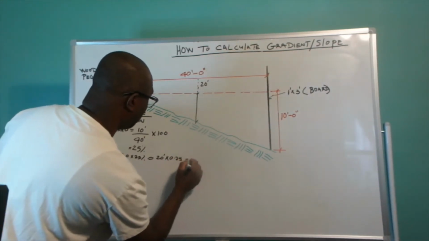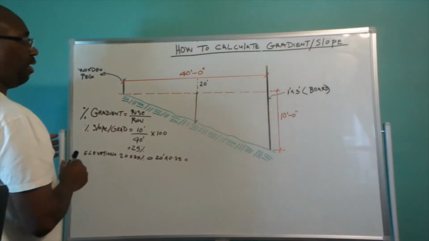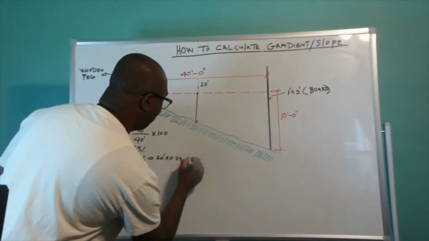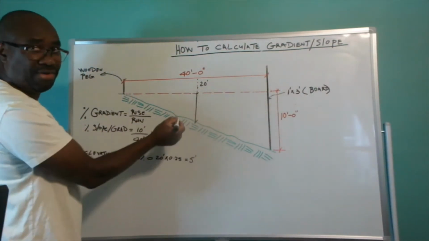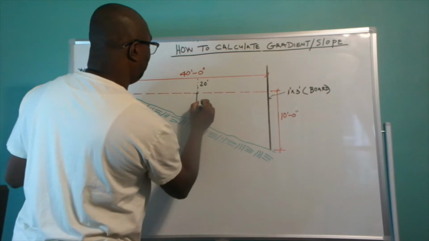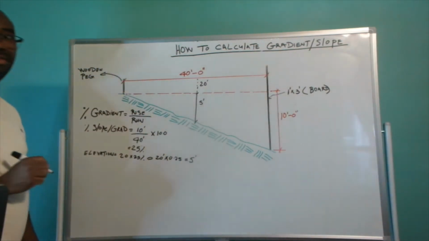And this now works out to be 5 feet. So the elevation at 20 feet is going to be equivalent to 5 feet.